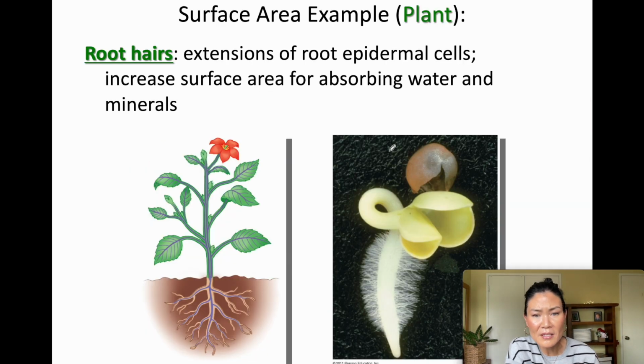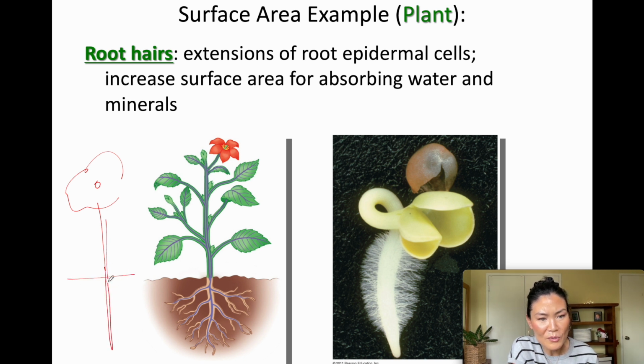And then when you look at plants, they have a root system that also increases surface area. Because if you had a plant, let's just draw a plant. This is supposed to be a flower, okay? And if it had just one root that went down to absorb water and nutrients, there's not a whole lot of surface area, right? Compared to a highly branched system. And when you take a microscope and look at the roots, you can see these root hairs.